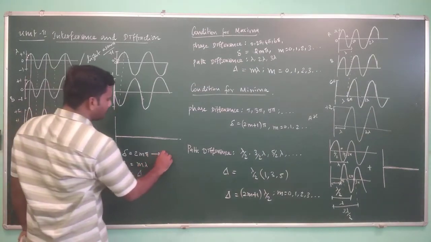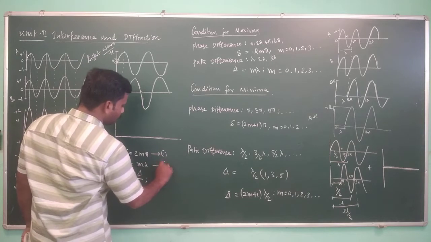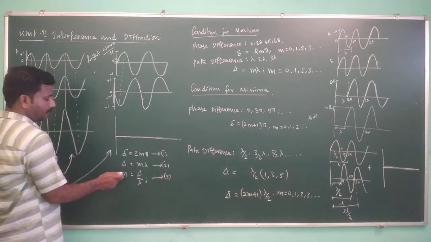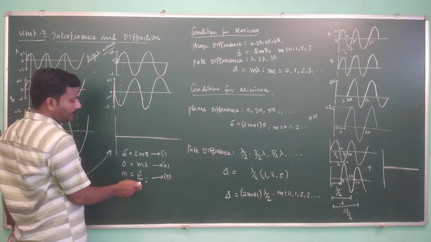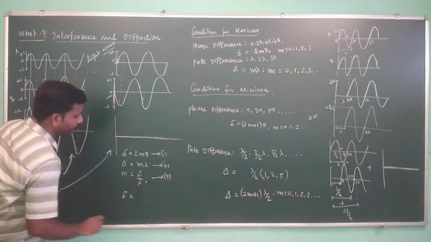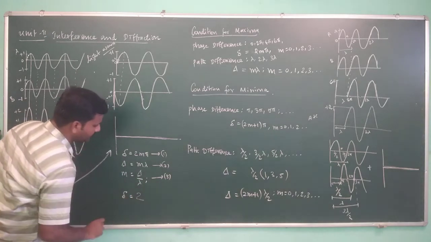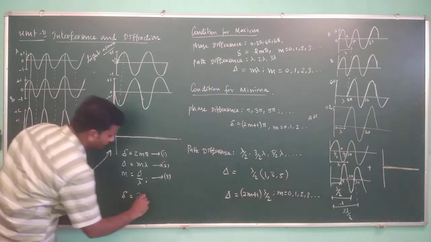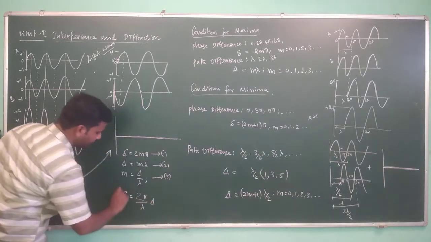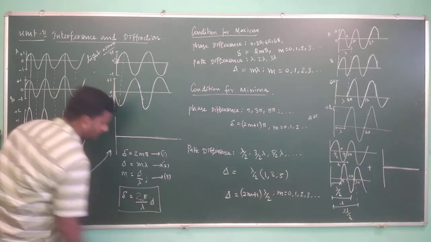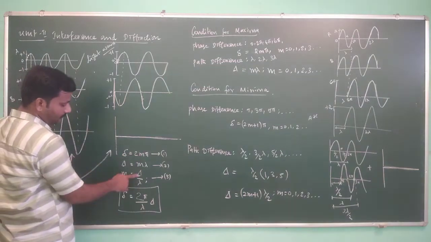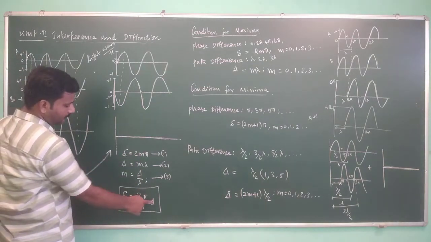So let's say this is 1 and this is 2 and this is 3. Substitute the relation for m in terms of delta and lambda into equation number 1. So you will get delta equal to 2 times pi by lambda into delta. Right? What we had in the place of m, we have replaced with delta by lambda.